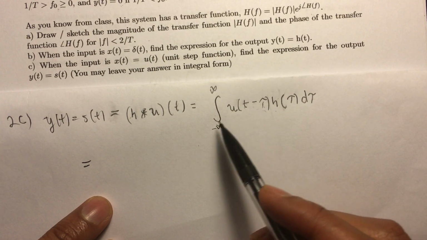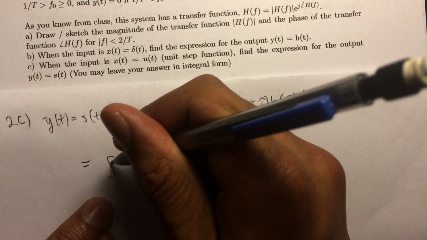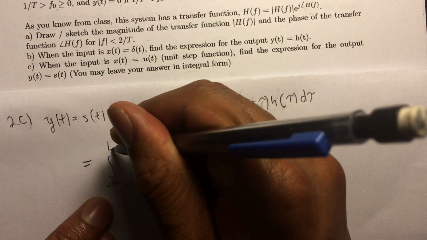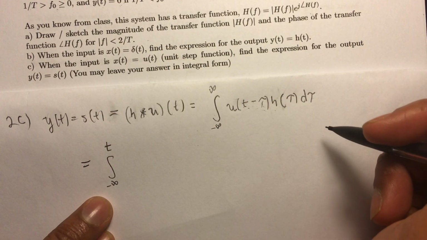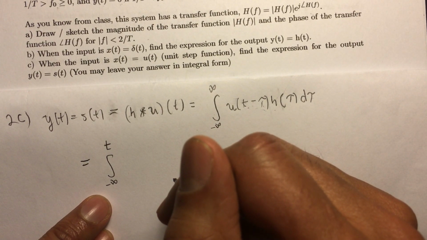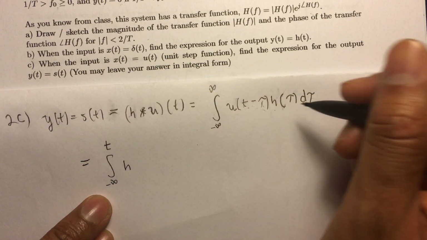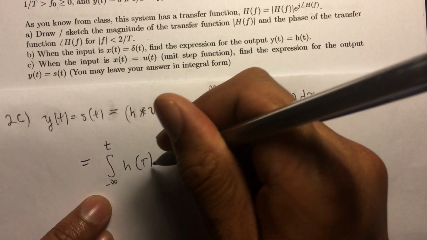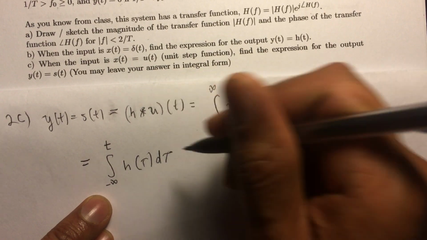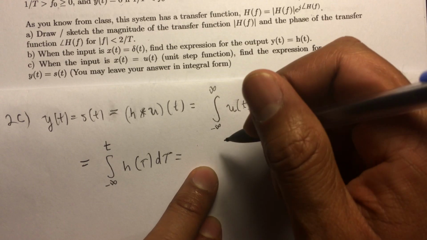So basically, we can take this out of the integral by just integrating from minus infinity to t, right? Because all other values of tau in the integral aren't going to contribute. And then we have here h of tau d tau. Got rid of the unit step function. Okay, and now we can fill in for h of tau.